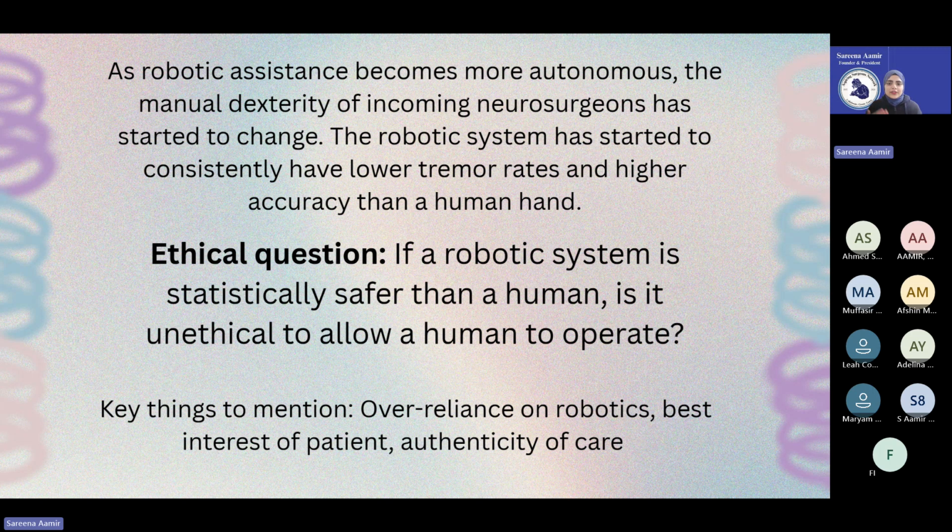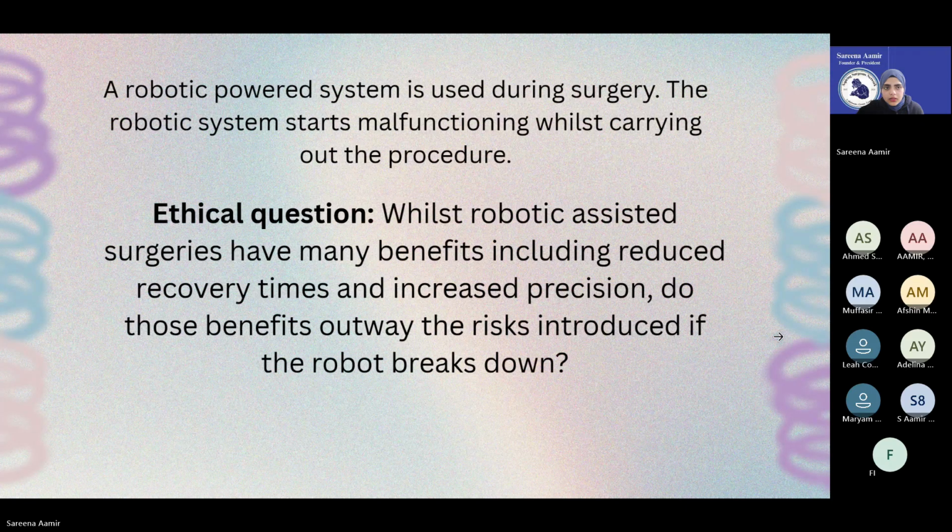They need medical intervention now, and that is when a human hand would be the most reliable and safest choice for the patient. So again, it depends on the situation. You can also talk about authenticity of care. This is something that people have actually talked about, saying that robots don't really have the sensitivity and the human element that a human surgeon would. So yeah, these are all correct and fair points. So yeah, let's move on to the next one.